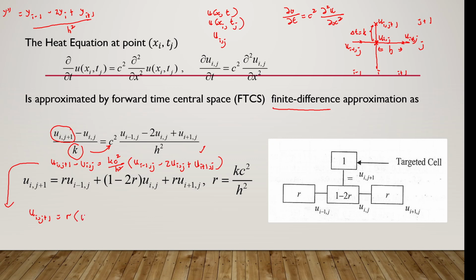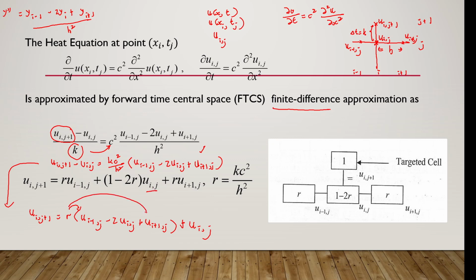So you have r times (u_i-1,j minus 2u_ij plus u_i+1,j), plus, from here, this term minus u_ij brought to the right hand side becomes plus u_ij. When you expand, you have r u_i-1,j. Collecting the terms of u_ij, you have 1 minus 2r in total.